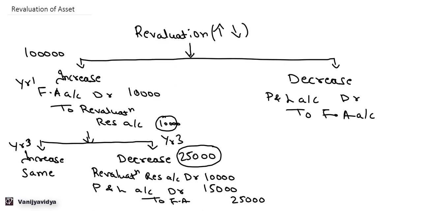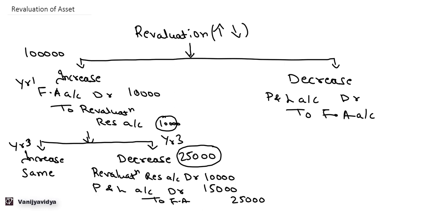So we reduce the fixed asset by 25,000, but to the extent of its earlier increase, that is 10,000, it is adjusted with your revaluation reserve and the balance is carried to your profit and loss account.